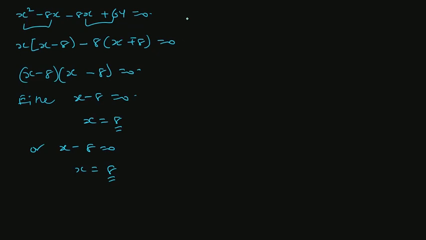Now we want to look at a special question. If you have 6x squared plus 5x minus 4 equals 0.